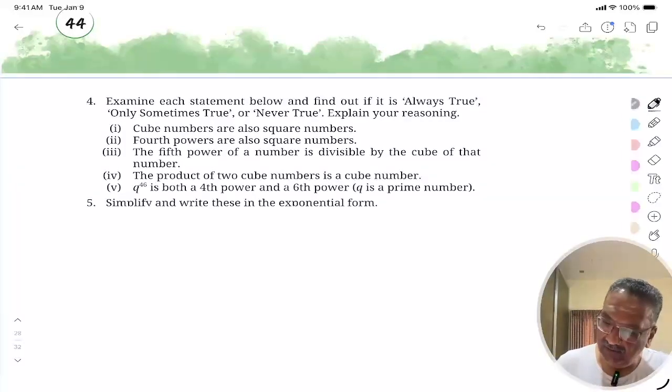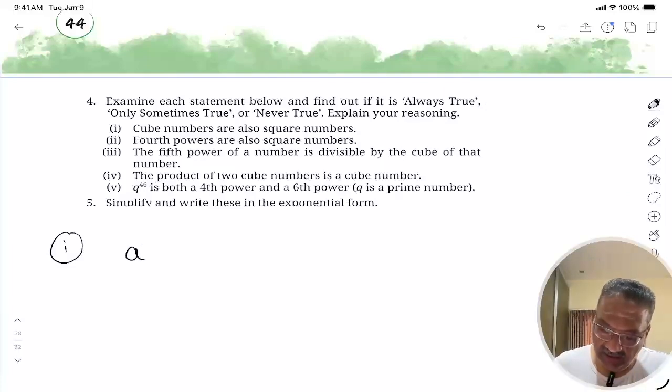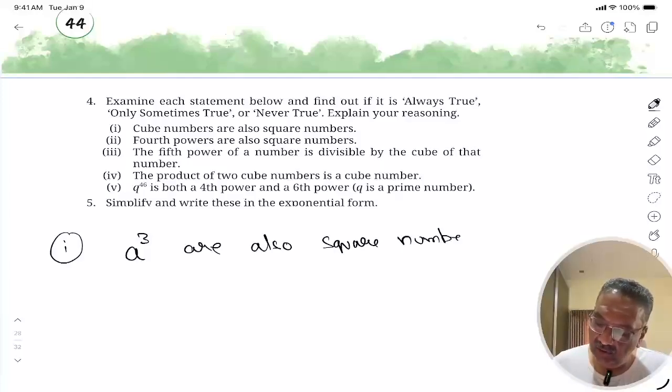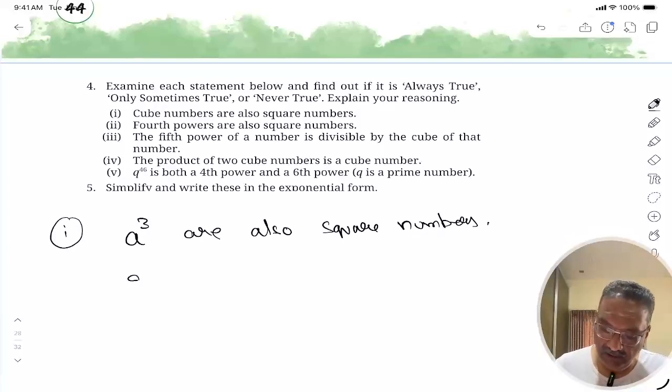First one, what you have? First statement is, cube numbers are also square numbers. So they are saying that cube numbers are also square numbers. Let us take an example. Cube number 2 cube.